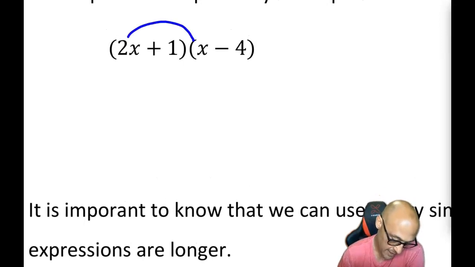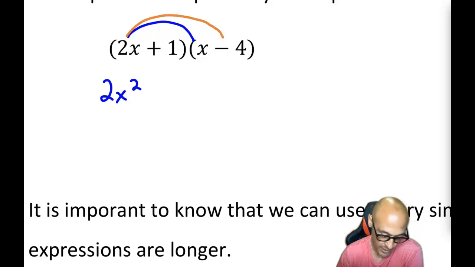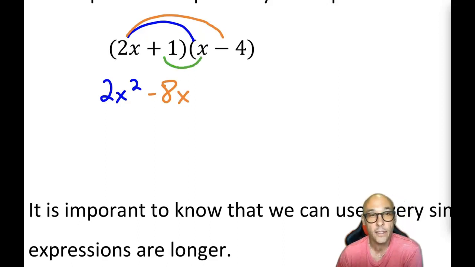So 2x times x, that is 2x squared, firsts. Outers, 2x times negative 4 is negative 8x. Inners, positive 1 times x is positive 1x, or just x.